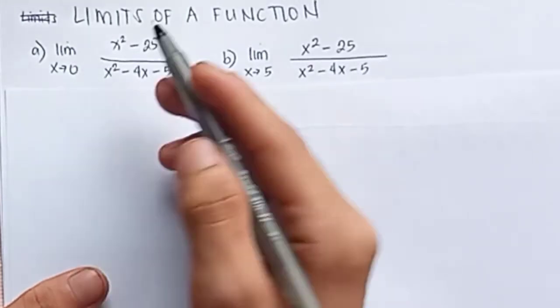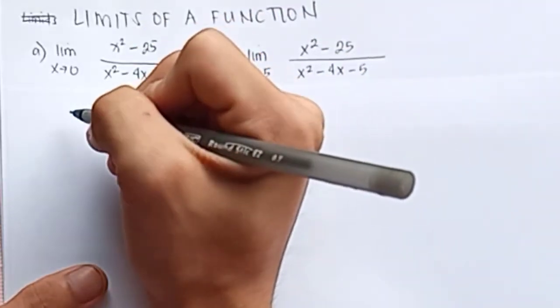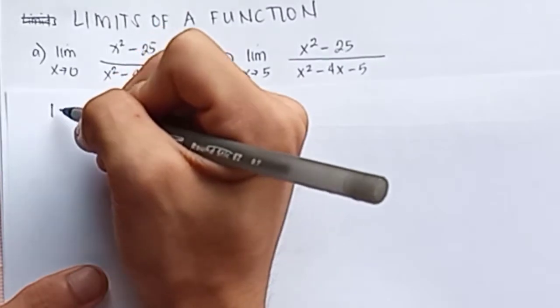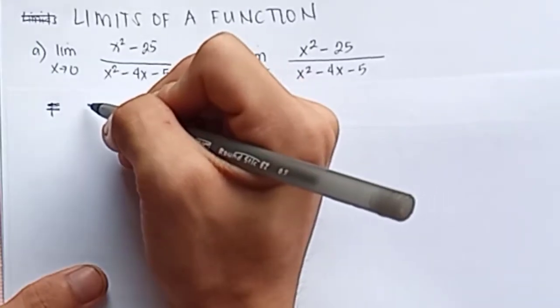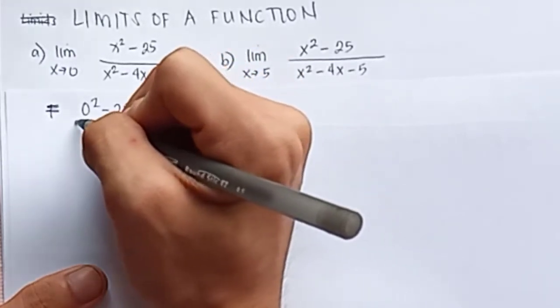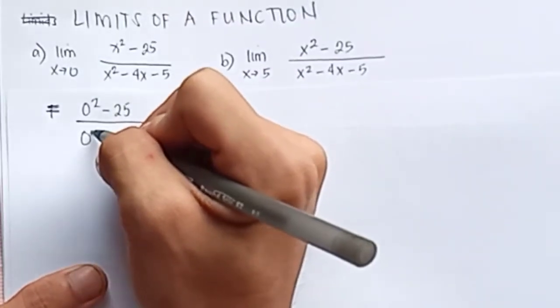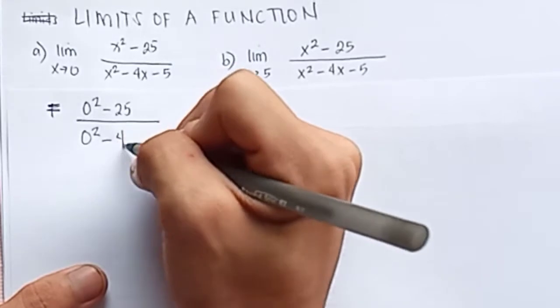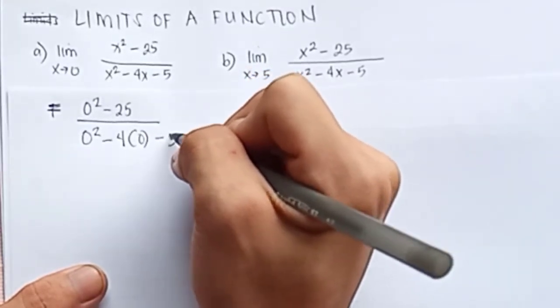No? So, by substituting that, we have the limit, that is equal to 0 squared minus 25 all over, I have 0 squared minus 4 times 0 minus 5.